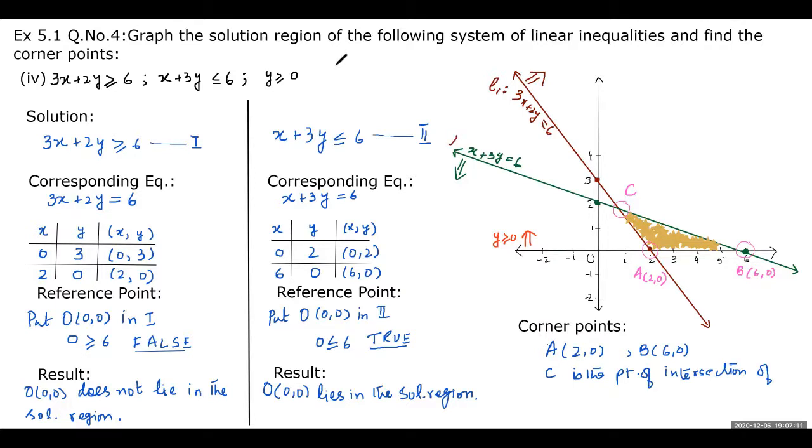And I'm naming the second one as L2. You can see the point C is the point of intersection of L1 and L2. And now we are going to find point C.